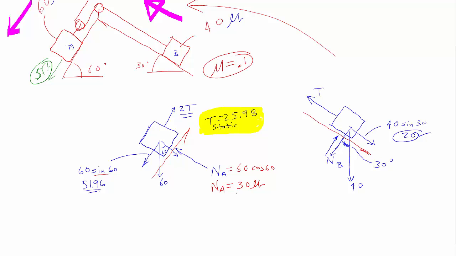Then this 30 pounds will turn into 3 pounds right there. This one, on the other hand, in B will be 40 cosine of 30, or around 34.64 pounds, which means that this frictional force will be 3.464.